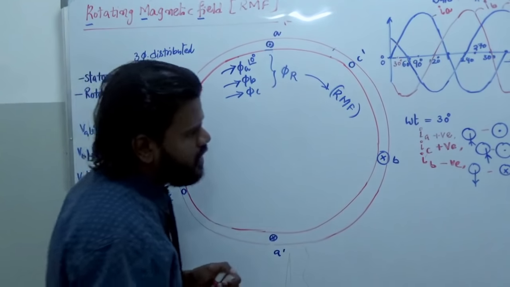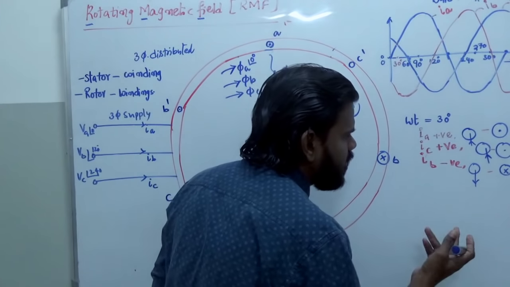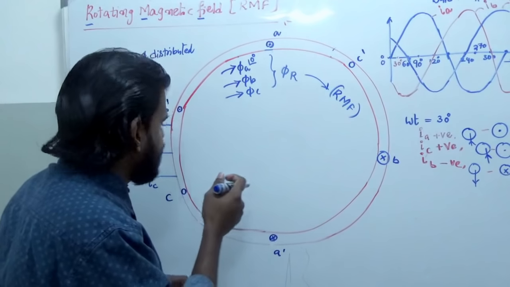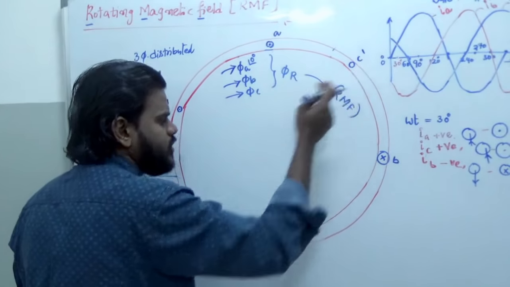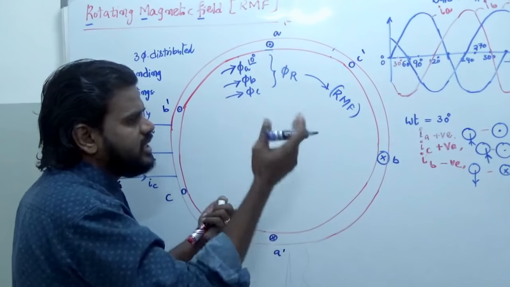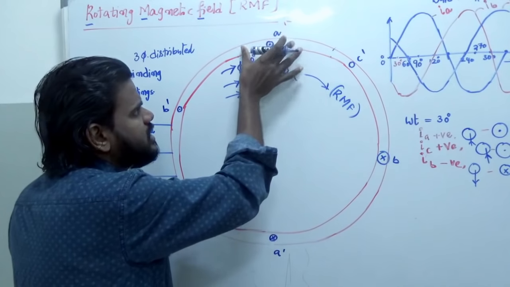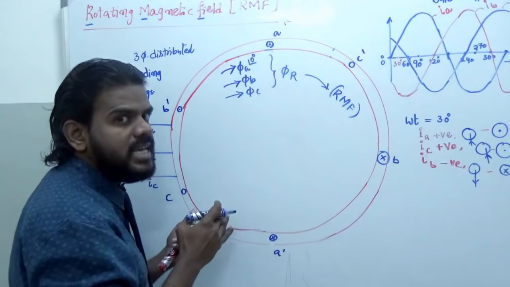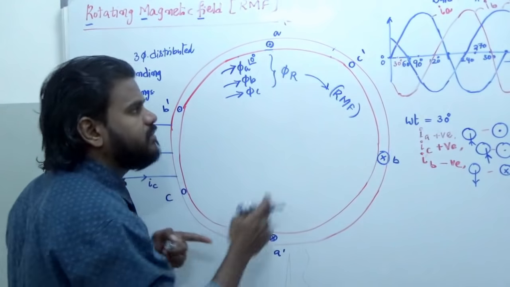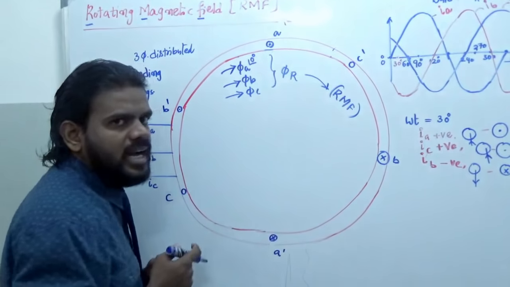Now what about the conductor of current IC? The current IC is flowing into the phase C conductors. As I said in the discussion, conductors A and A dash will have IA, B and B dash will have IB current, C and C dash will have IC current.